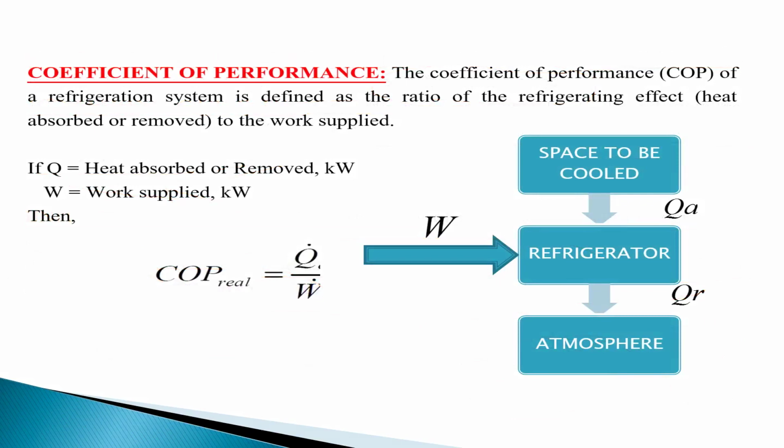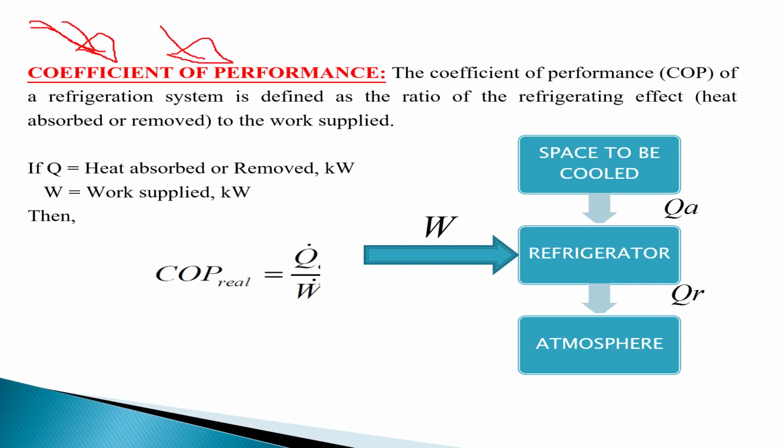Then one more important term, because in any machine we define the efficiency of the machine for a given input: what is the output obtained? That is always a measure of efficiency. But in case of this refrigeration system, we do not define it in terms of output obtained per unit input.